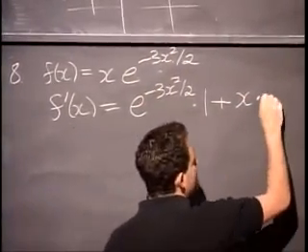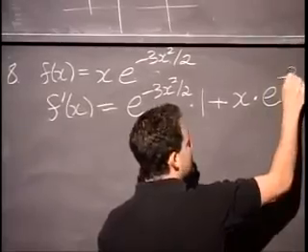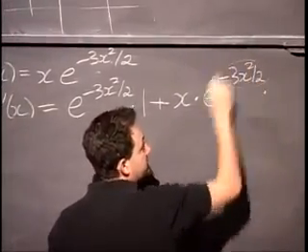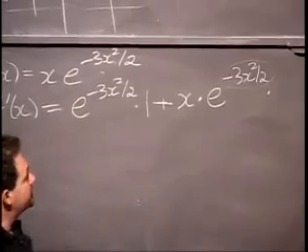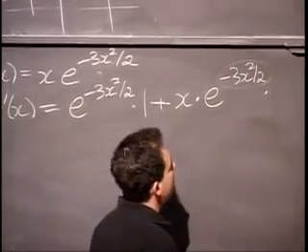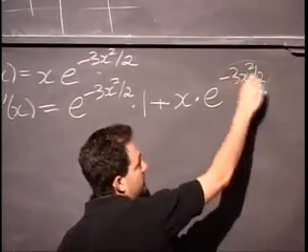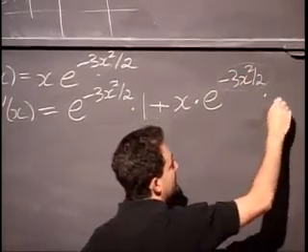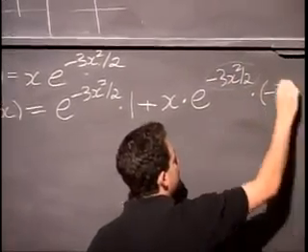Well, the derivative of e to the anything is just the same thing, but then you have to multiply by the derivative of this. And the derivative of this is minus 3x, because 2x over 2, the 2's cancel out. So you'll get minus 3x.